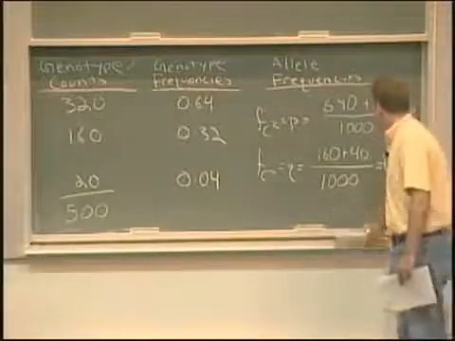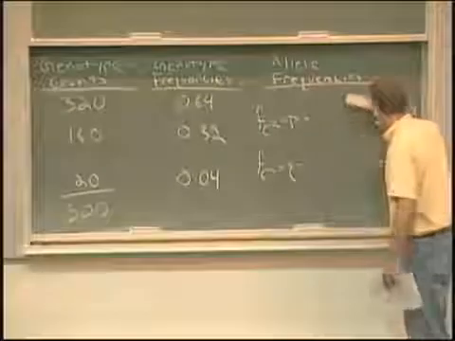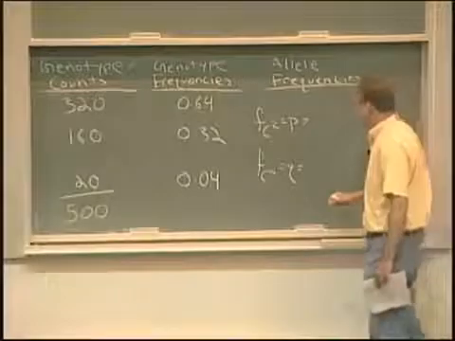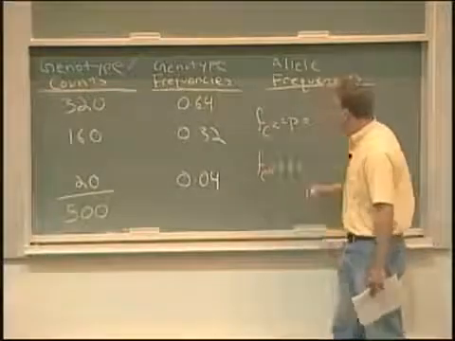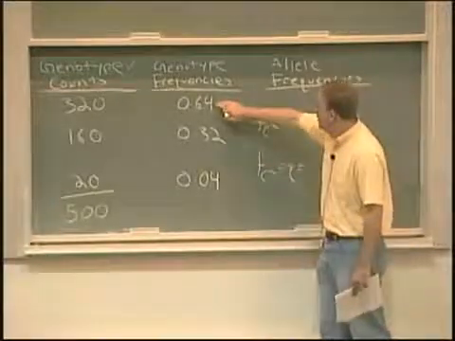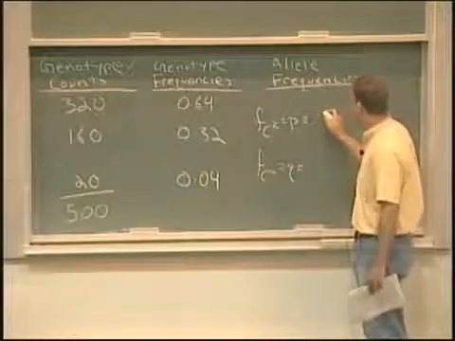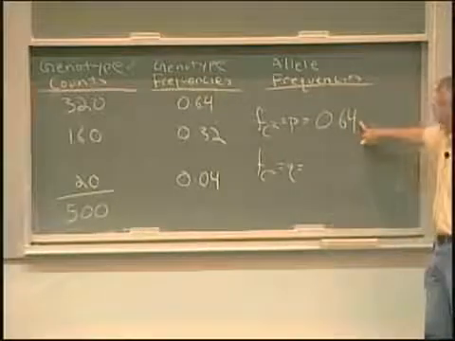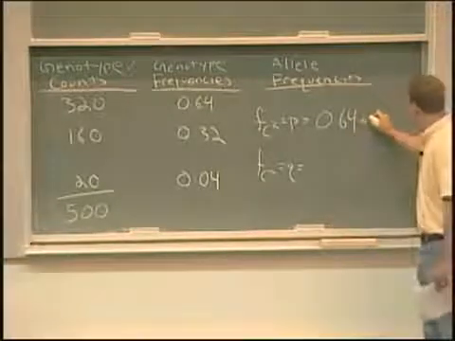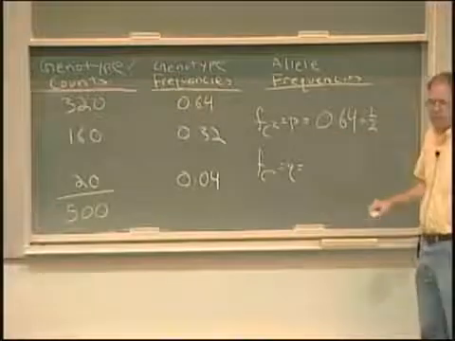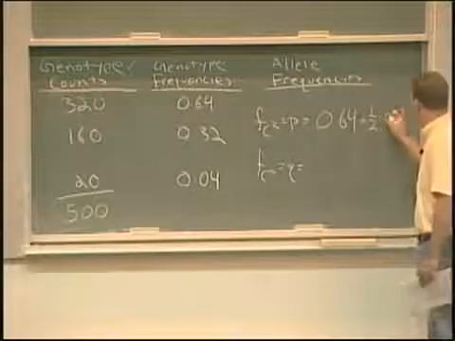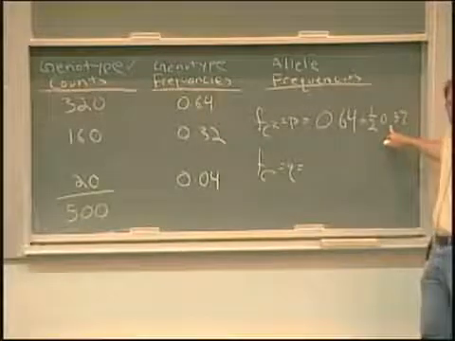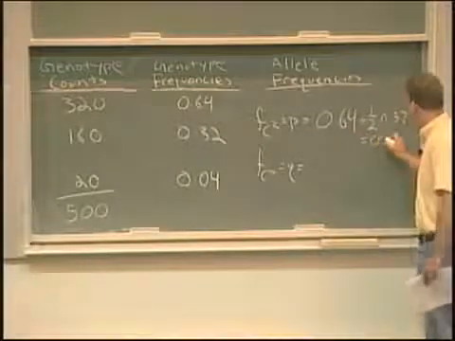Okay. There's another method which is just as easy, which uses the genotype frequencies. So what you do is, if you want to get the frequency of the CR allele, you take the frequency of the CR homozygous individuals, which is 0.64, plus 1/2 the frequency of the heterozygous individuals, which is 1/2 times 0.32. So 0.64 plus 0.16, that should equal 0.8.